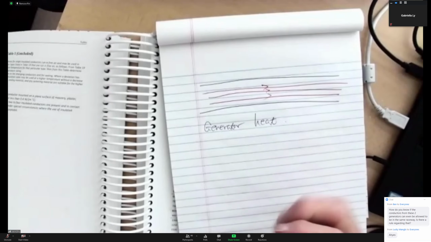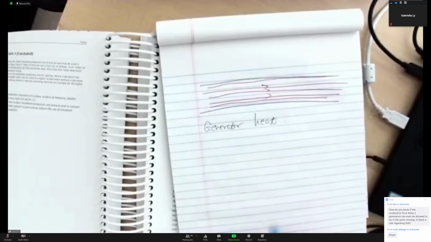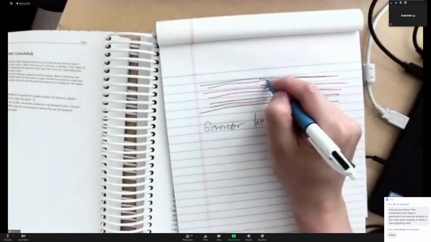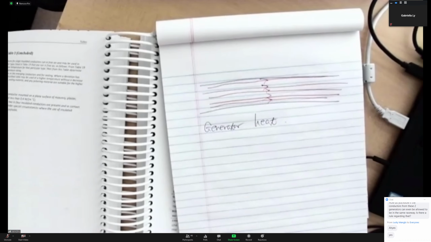So when you have more conductors, do they generate more heat? Yeah, that's why when you're derating them, you need to pick a larger size conductor so the temperature can cool down. Otherwise, they're going to become too hot.